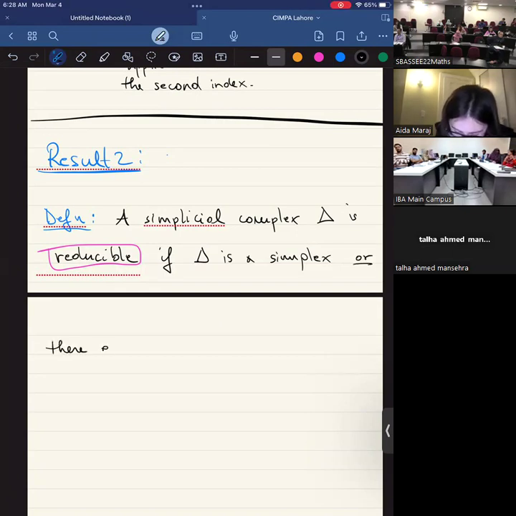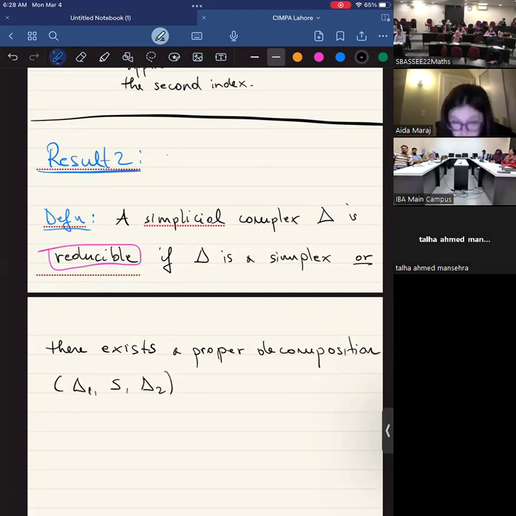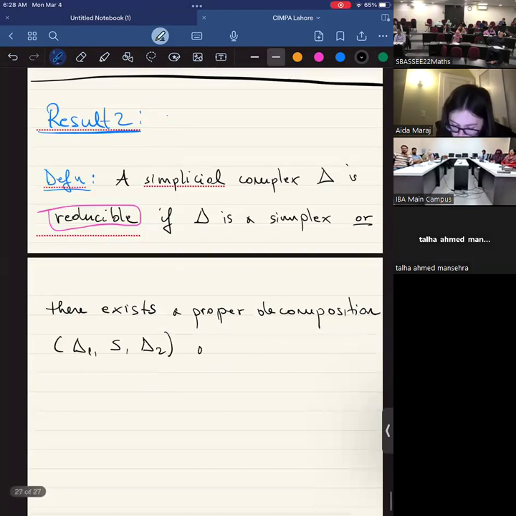there exists a proper decomposition delta 1, delta 2 of delta. What does it mean?